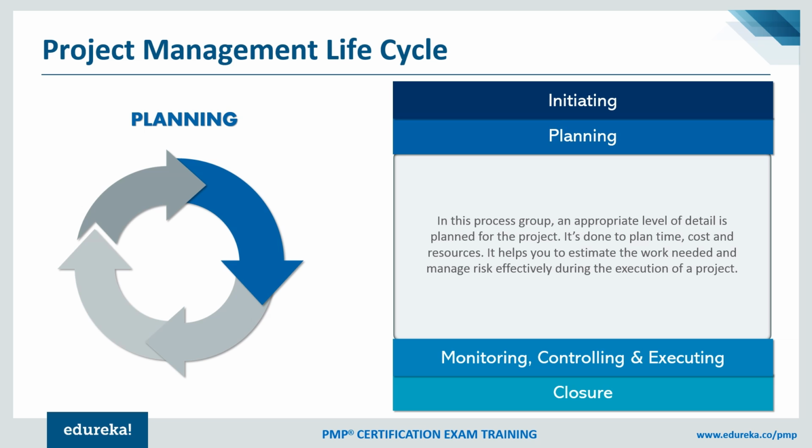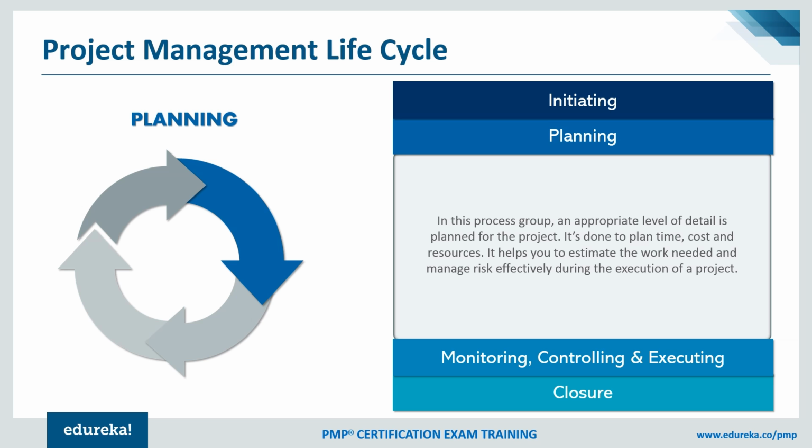And of course, we try to do a deep dive in terms of gathering requirements, breaking the requirements into smaller, more manageable line items called work packages, then estimating from the time perspective and cost perspective, and preparing the baselines. So all these kinds of jobs are actually done in planning.